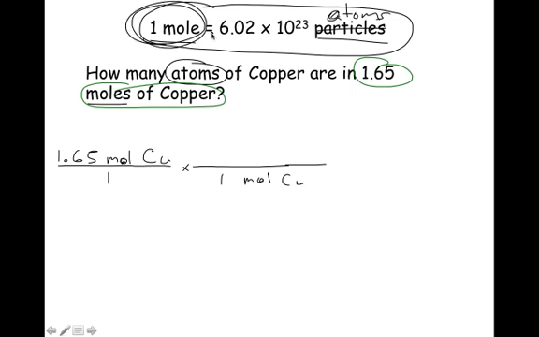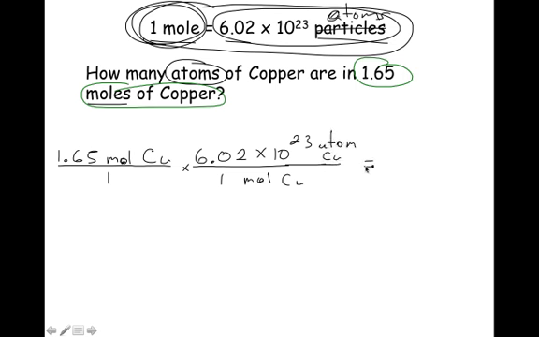Then we're going to put the other half of the equality on the top, which is 6.02 times 10 to the 23rd atoms of copper. If you look at the units, the mole cancels the mole, which is what we want to happen, and the unit that remains is atom, which is what we're asked for.